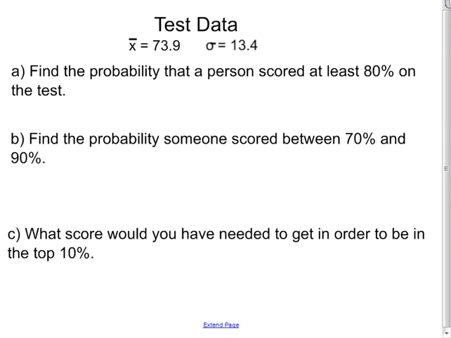And then part C, what score would you have needed to be in the top 10%? If you're in the top 10%, that means 90% of the people are worse than you. I'll help you out with part C if you need to. But look at that table and think about what your table gives you. Okay, so pause it for a minute. Do A, B, try C as much as possible, and I will walk you through C.